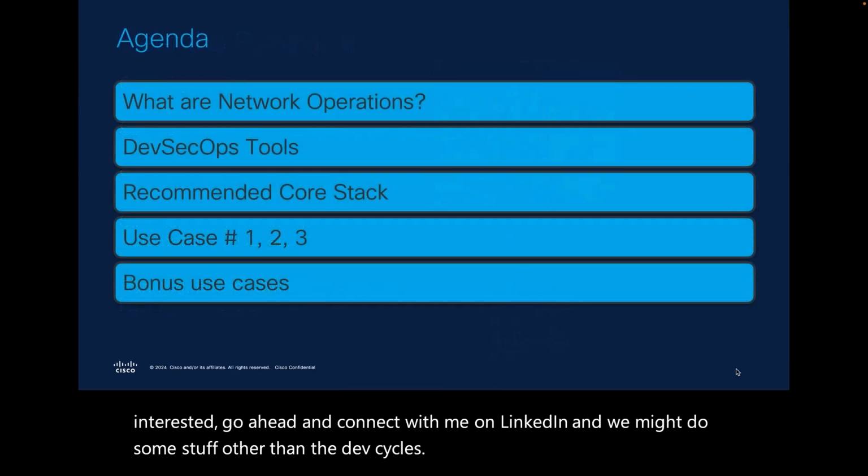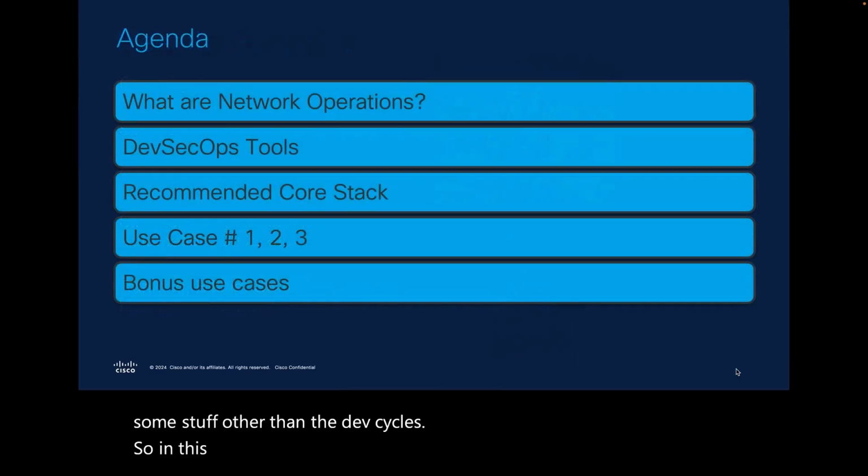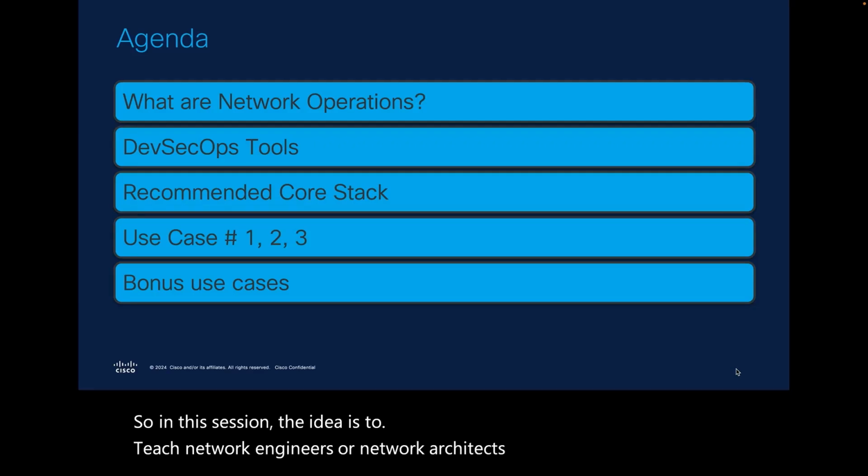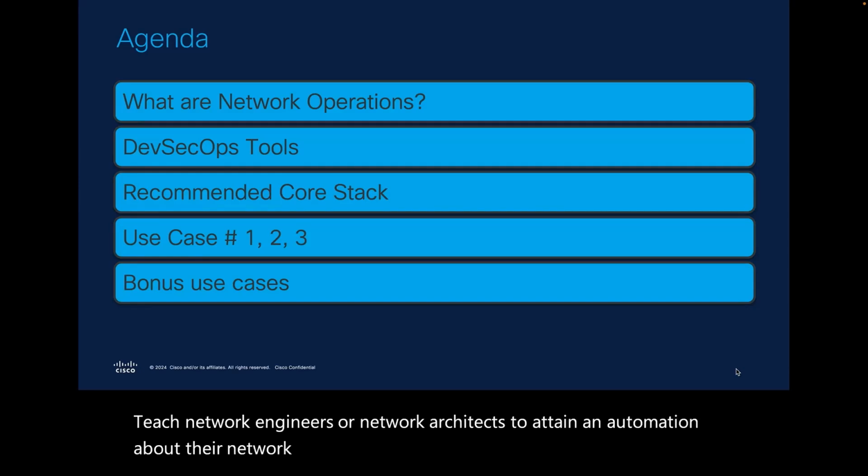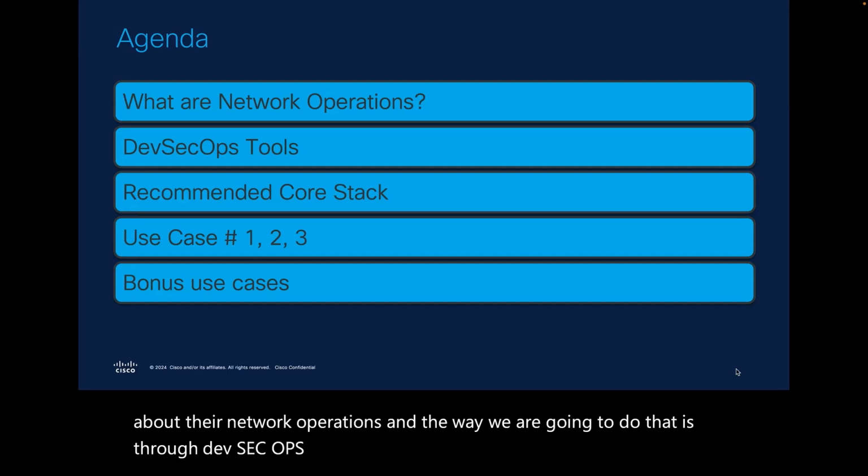So in this session, the idea is to teach network engineers or network architects to attain automation about their network operations. And the way we are going to do that is through DevSecOps tools out there.